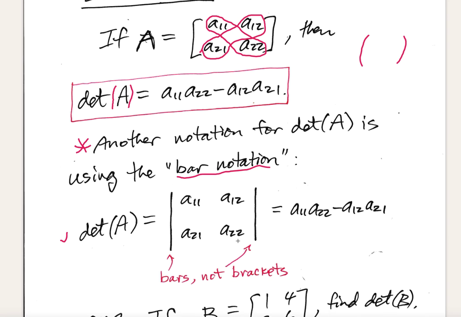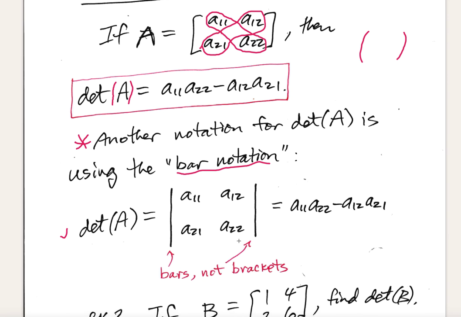This indicates that you are taking the determinant of this corresponding matrix up here. So this is a number. Notice I've written bars, not brackets. Brackets have the little hooks on them. This is just a bar, but it means the same thing, A11 A22 minus A12 A21. It doesn't mean anything different, it's just a slightly different notation.